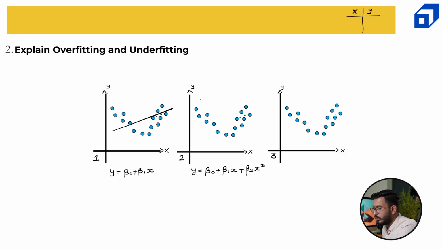And that model would look something like this. Then for the third figure, let's try a polynomial model with order 4. Beta naught plus beta 1x, beta 2x square plus beta 3x cube plus beta 4x to the power 4. And that would look something like this.